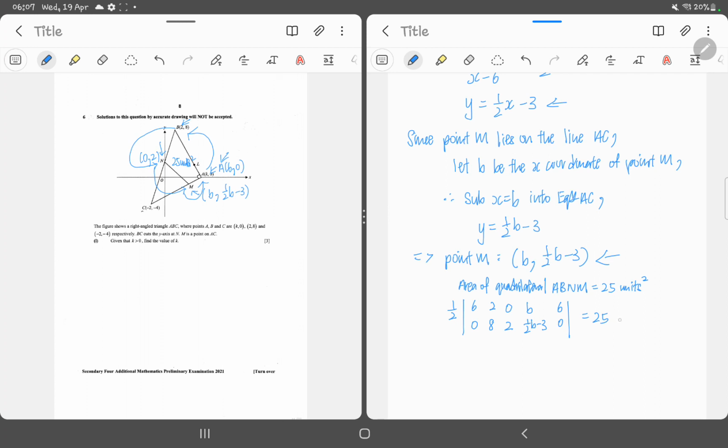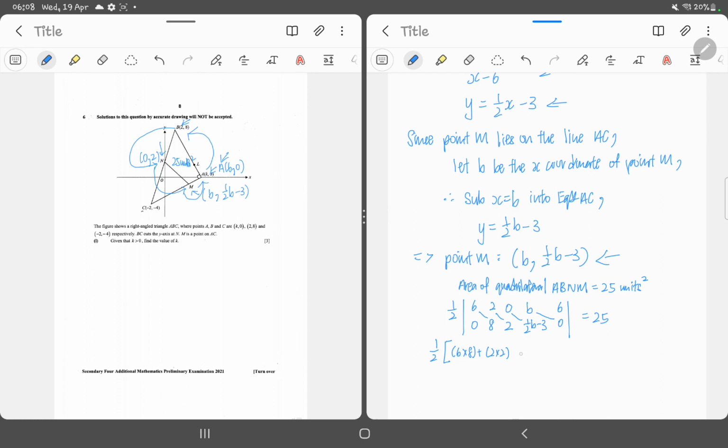So this is 25. Now we're going to do the cross multiplication. After evaluating, we have half of a bracket: 6 times 8 plus 2 times 2 plus 0 times this, which is nothing, plus B times 0, which is nothing.